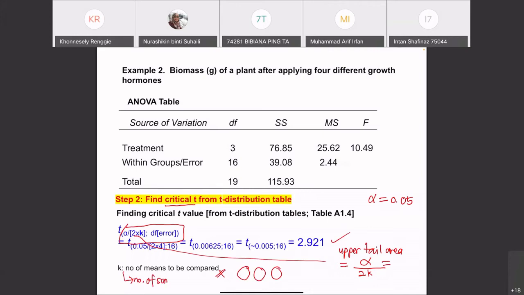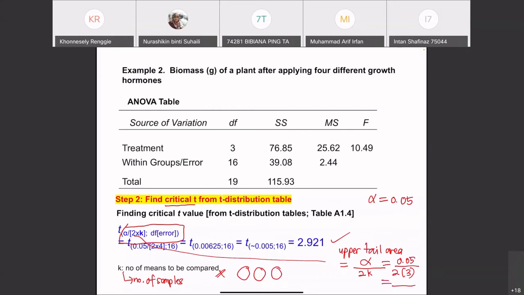The number of means is actually equal to the number of samples. So the upper tail area is given by 0.05, and let's say you have 3 samples, so you have to multiply 2 times 3. The upper tail area will be given by this value.